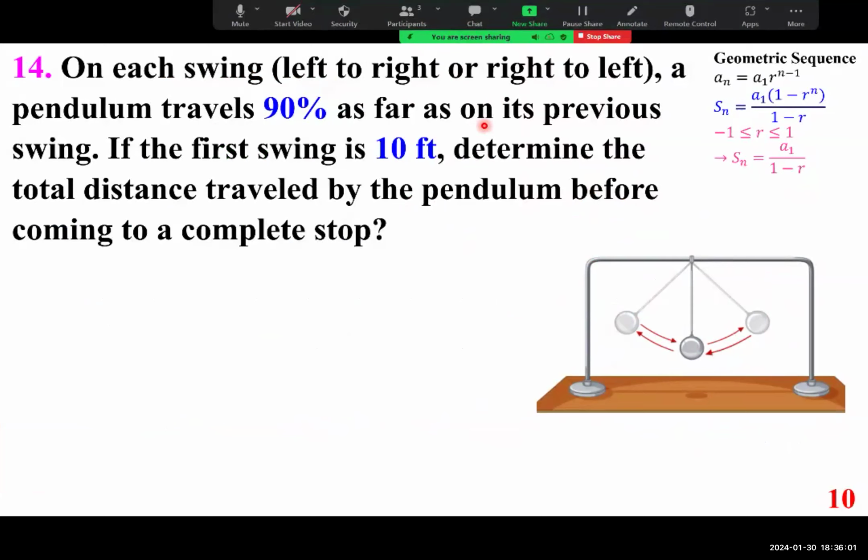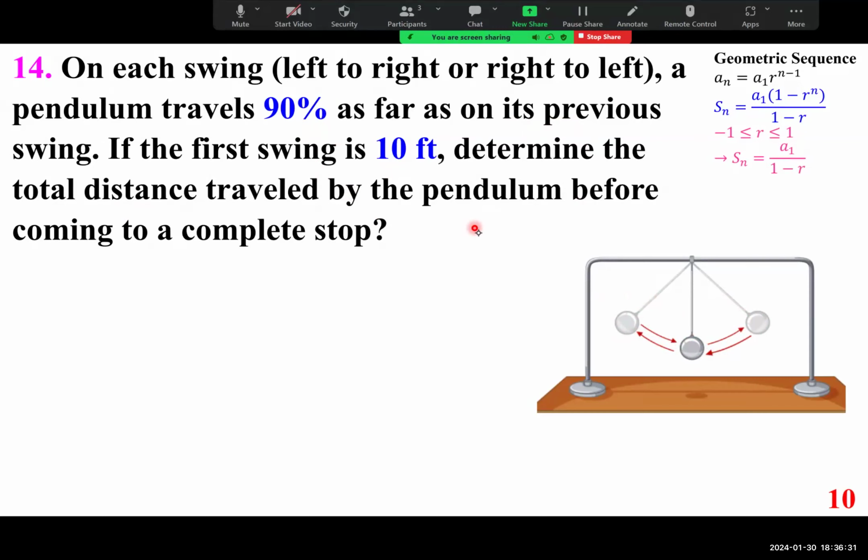So if it goes from left to right, then when it comes back, it's not the same distance, it's 90% of that. If the first swing is 10 feet, determine the total distance traveled by the pendulum before coming to a complete stop.